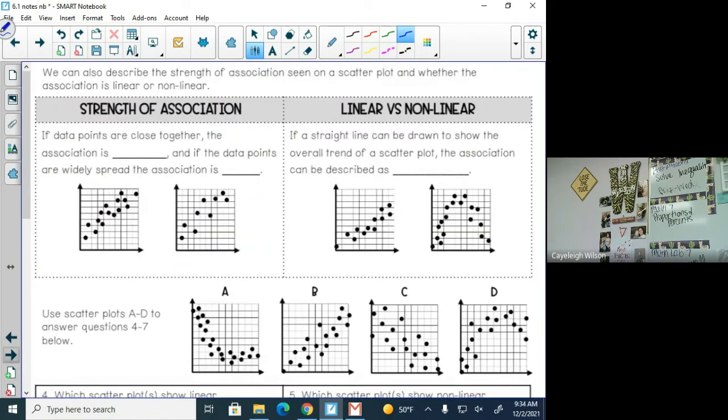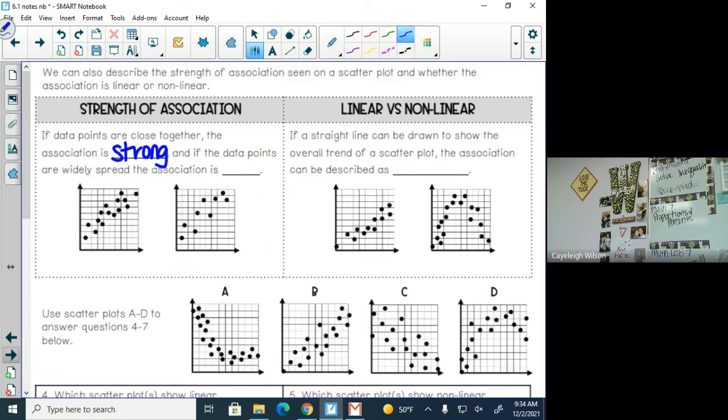Alright. On the back, there are types of associations. There's strong associations and there's weak associations. If data points are very close together, like the points are super smushed together, then that is a stronger correlation or stronger association.